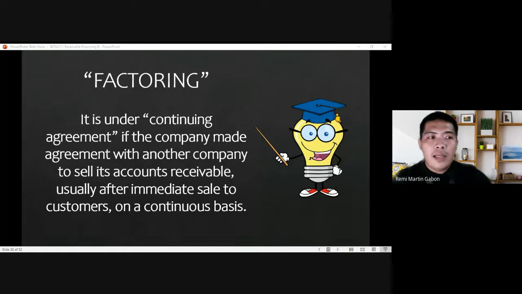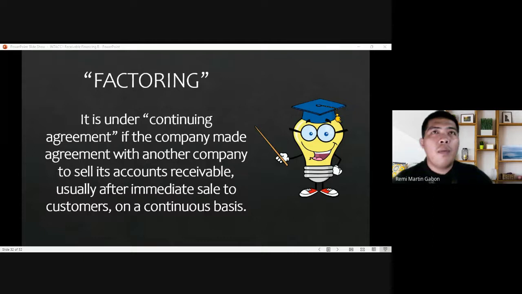Again, casual sale means anytime, so the company will factor existing receivables. Even if they have related doubtful accounts, as long as they are still good accounts receivable, meaning they still have a higher percentage of collectibility, then we can factor those accounts receivable.